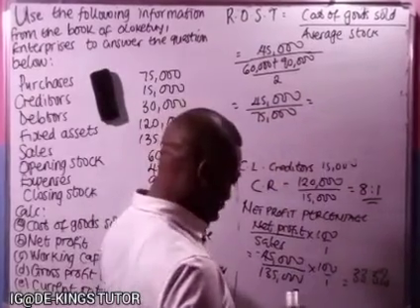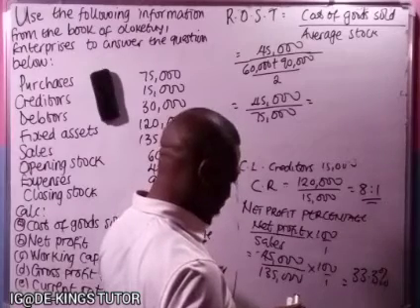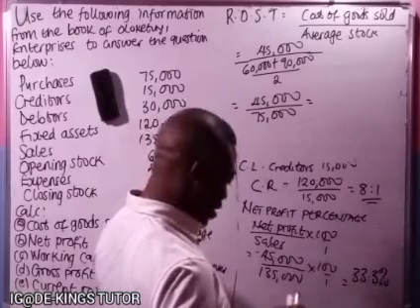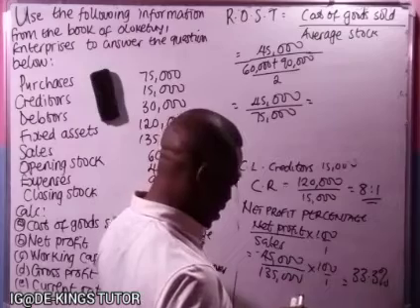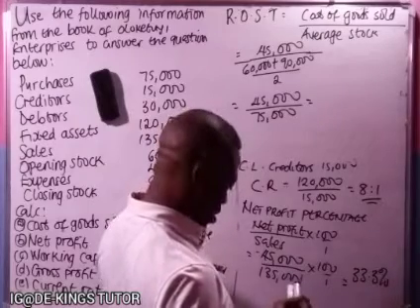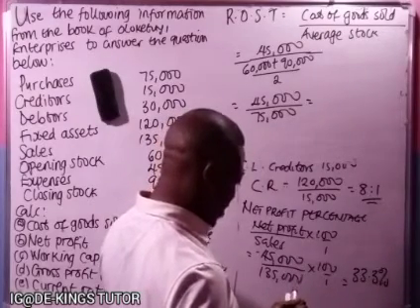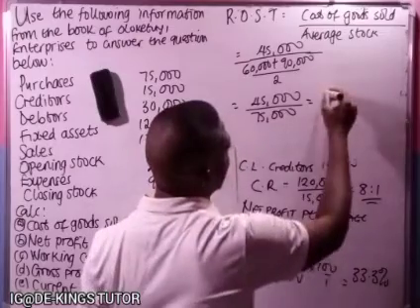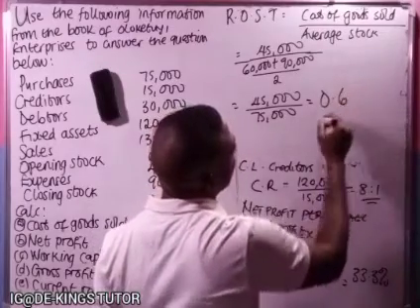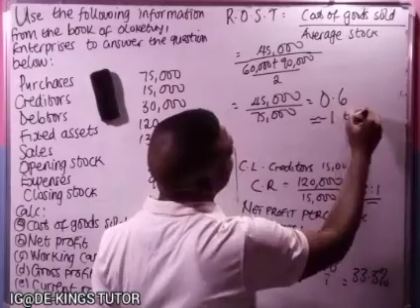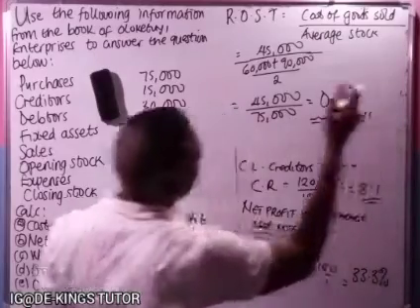So we have 45,000 divided by 75,000, which gives us 0.6, approximately 1 times or days, depending.